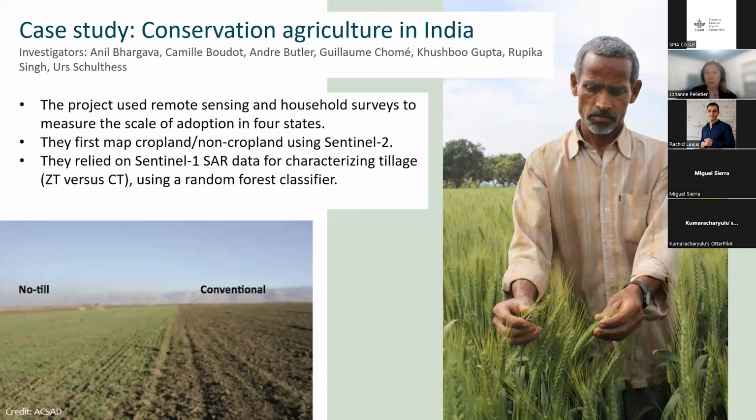One example of that is the study on conservation agriculture in India. The project used Earth observation to measure adoption. To do that, there are two key conditions that must be present. One, you need to be able to observe or detect the adoption visually on the satellite image, or make it detectable through analysis.